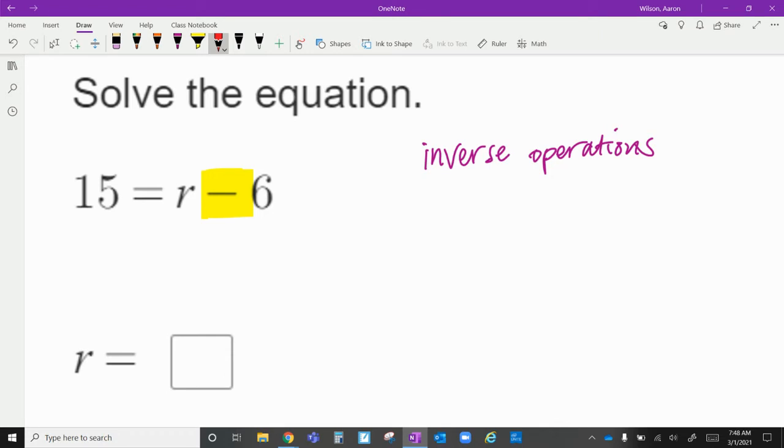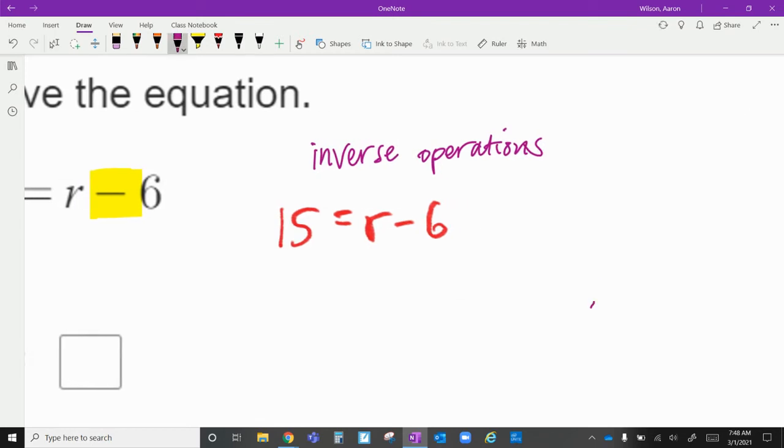Here comes the math. 15 is equal to r minus 6. The way I can picture this is a teeter-totter, or a seesaw. It's balanced. On the left side, I have 15, an expression, and on the right side, I have r minus 6, also an expression. I'm telling you these things are balanced, which means they're equal.